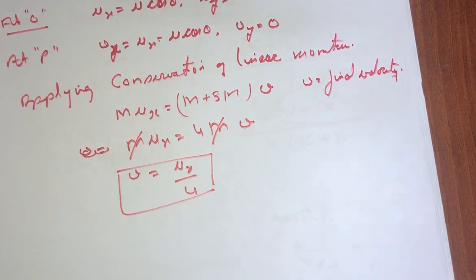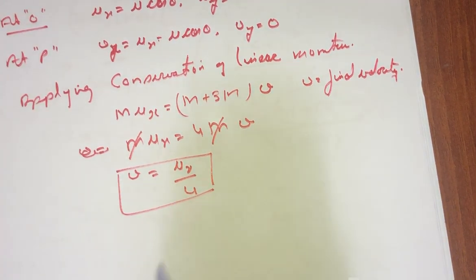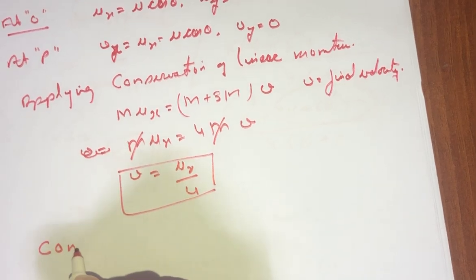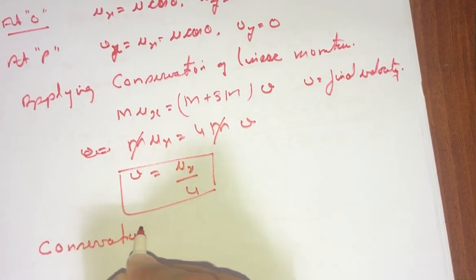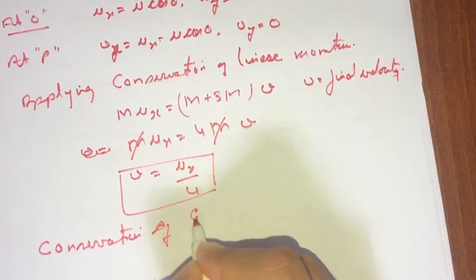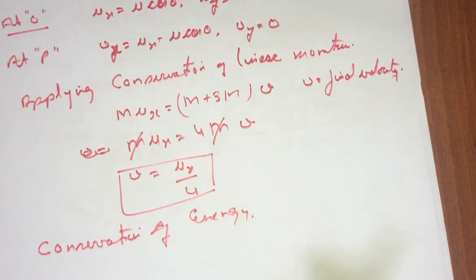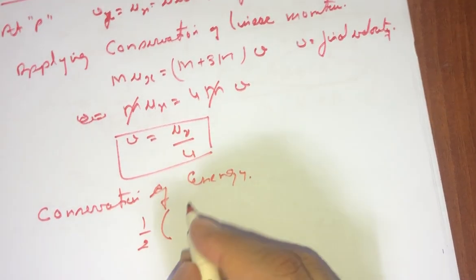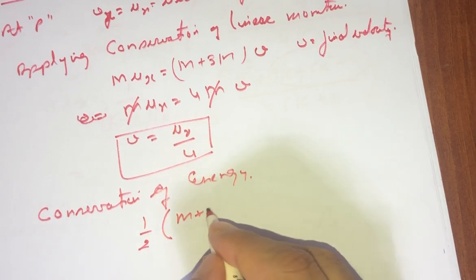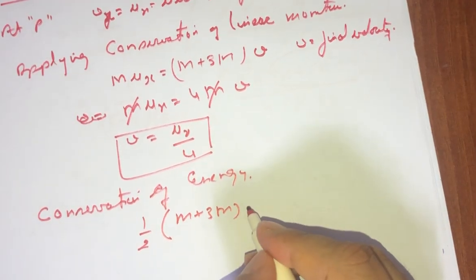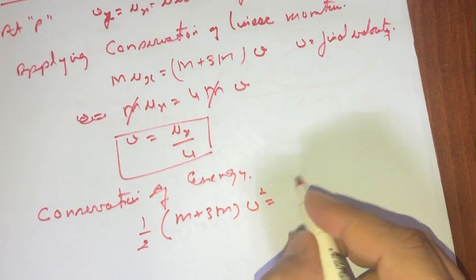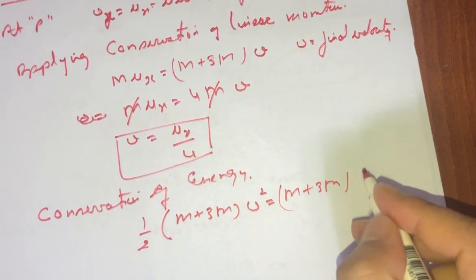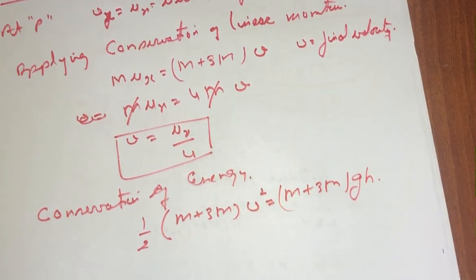Next we are going to apply conservation of energy of the bob. So we are going to get half m plus 3m v square will be equal to m plus 3m gh.